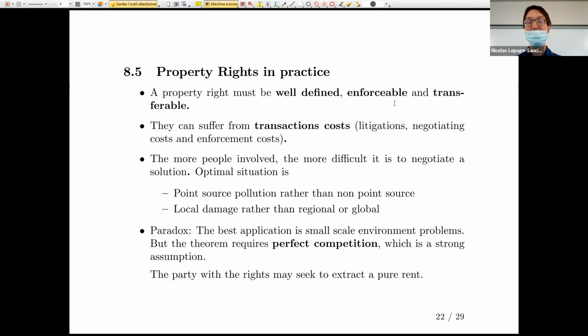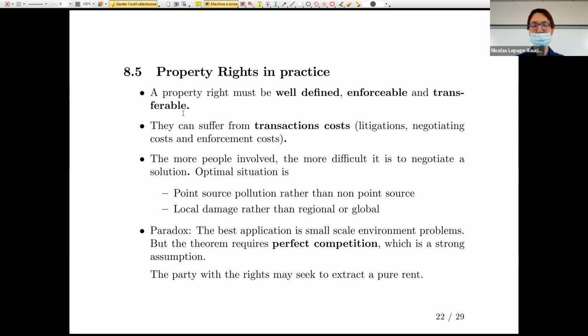Even if I have the right to clean water, if there's no recourse for me, then what's the incentive for the factory to buy pollution rights or to abate pollution? And this is not trivial, because you really need somebody to come to your river and measure the level of mercury. So you need somebody to do that, and that's not always possible.